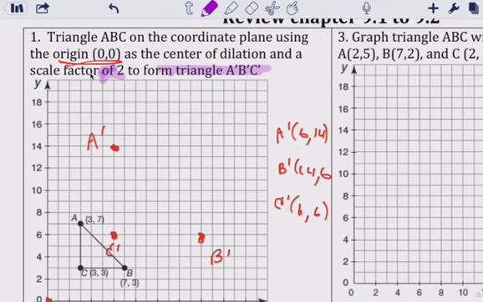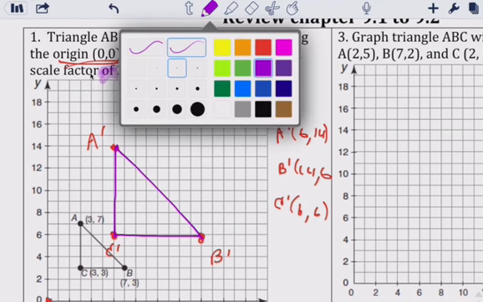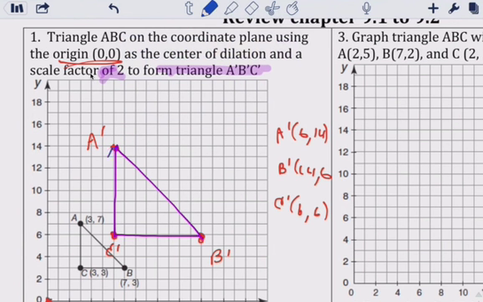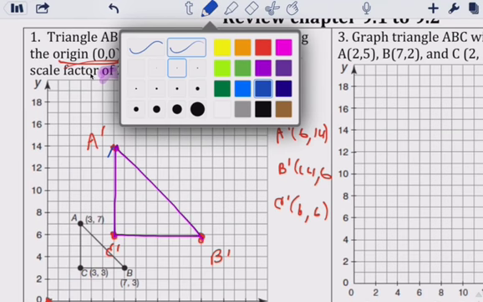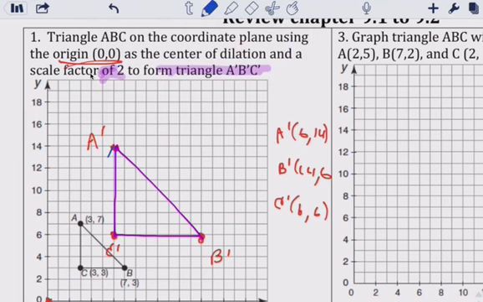Okay, connect them like that. And then you draw those dotted lines for this linear. If you have a ruler, make dotted lines all the way like this to A, and then all the C's together, and all the B's together from the center of dilation.